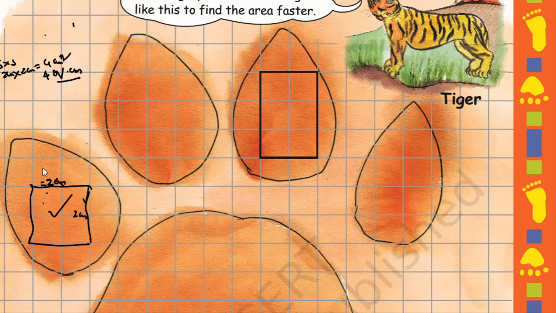Now count the full squares. How many full squares are there here? Is there any full square? Yes, this is the full square. Number of full squares is 1. So therefore 1 square centimeter.